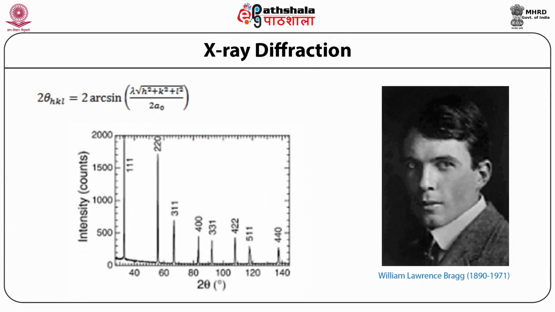As we discussed in the last slide, here is how to index these peaks, that is, which family they belong to. This is the formula where theta hkl is given. In any diffraction experiment this theta is measured, and as you can see, intensity versus 2 theta is plotted here.